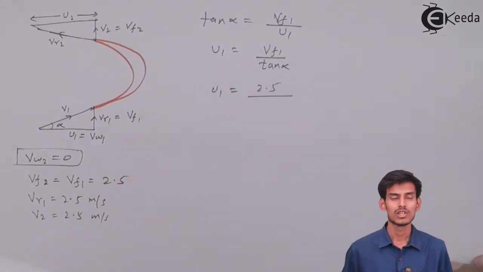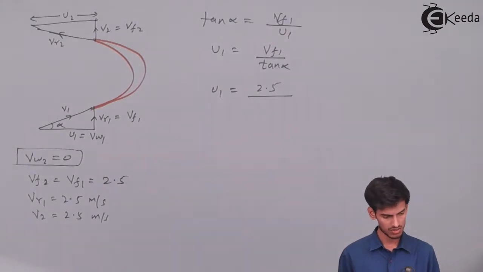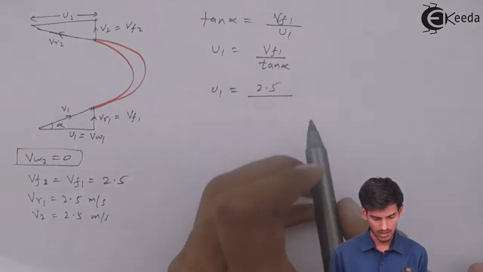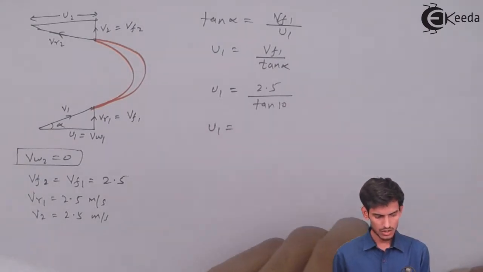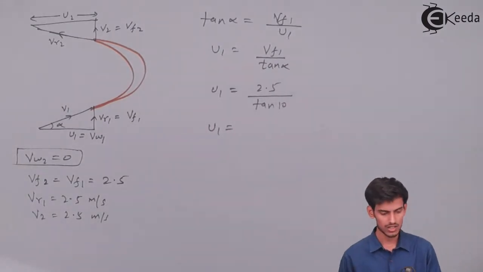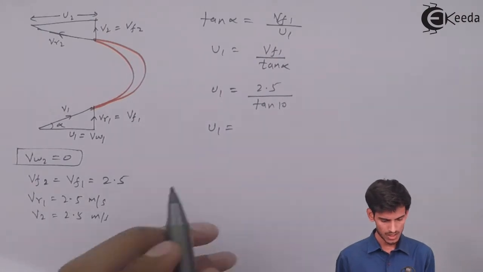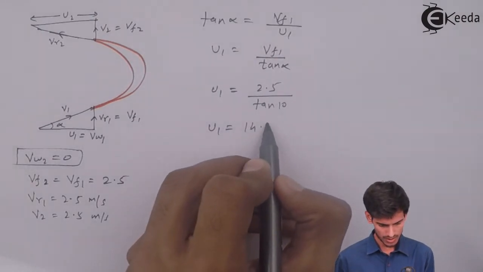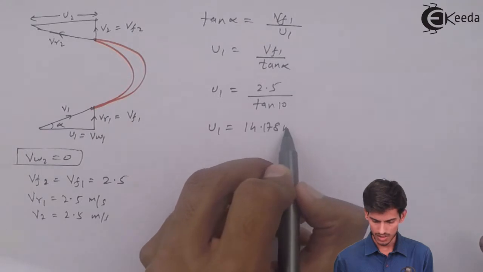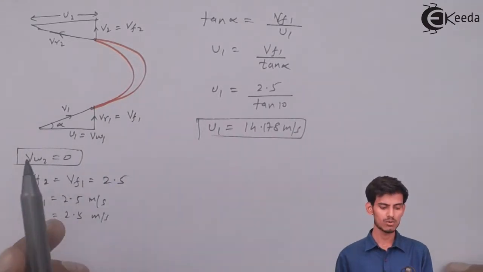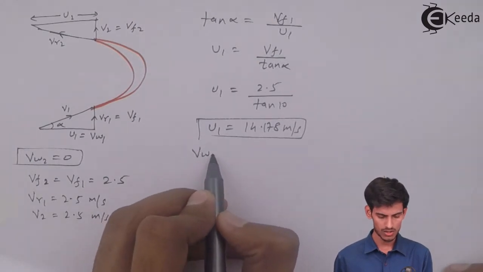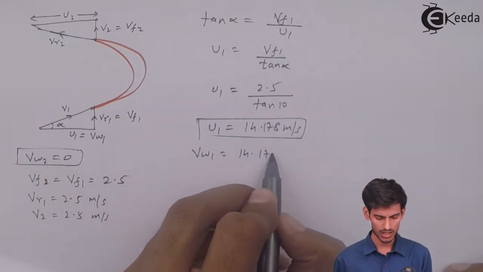And the alpha value is given at the inlet side, which is 10 degrees. So once you divide these two, you get U1 as 14.178 meters per second. And as you can see from the triangle, U1 is equal to VW1, so VW1 is also equal to 14.178.